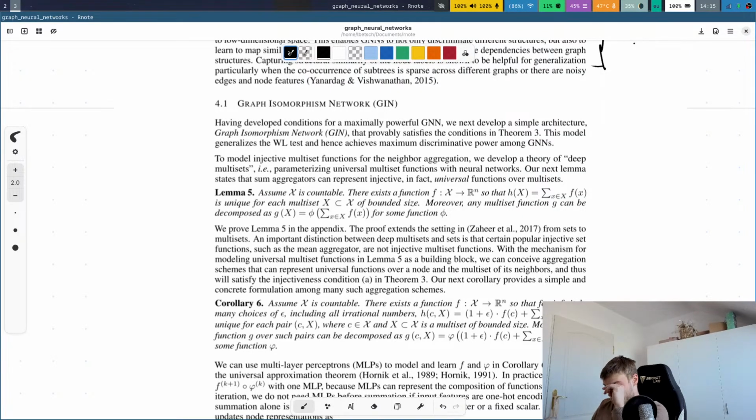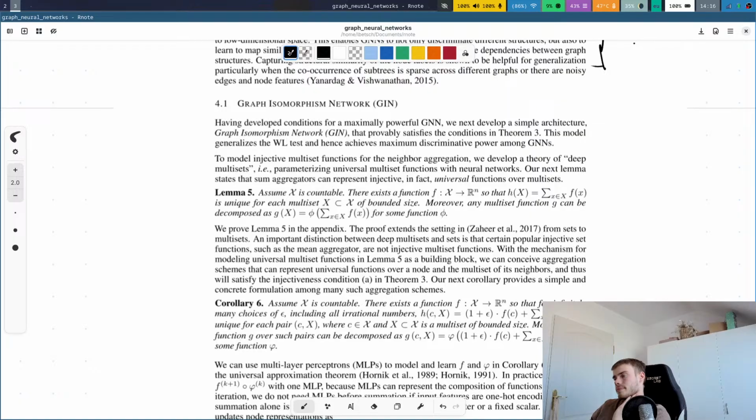Okay. Assume X is countable. There exists a function f that maps X. I think X is the set of nodes, right? Or is this the set of neighborhoods? Okay, so that we get the sum over f of x.